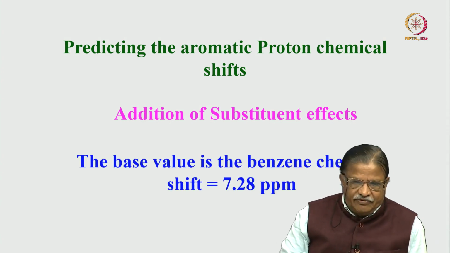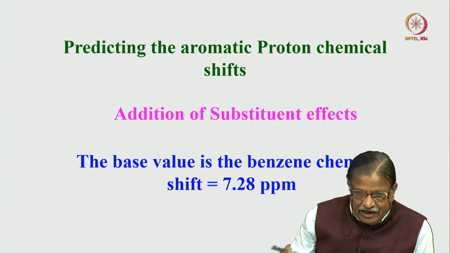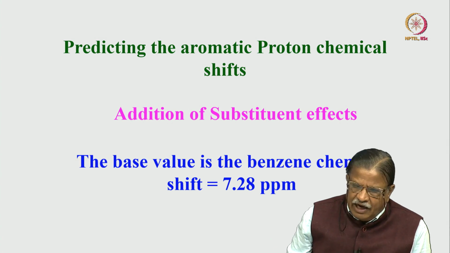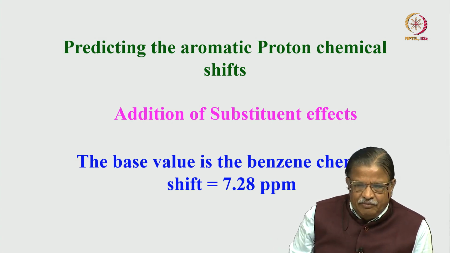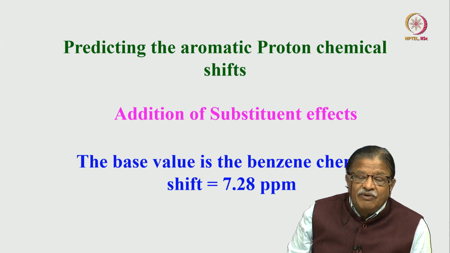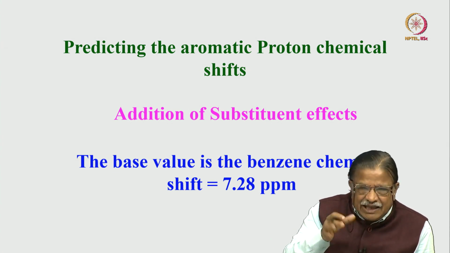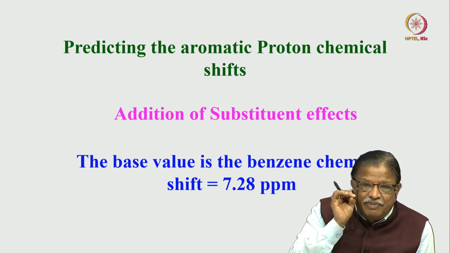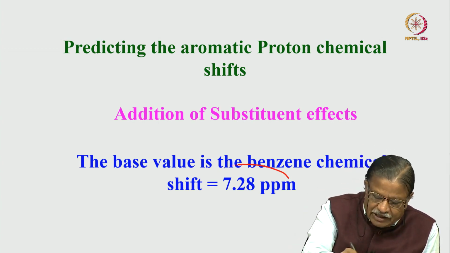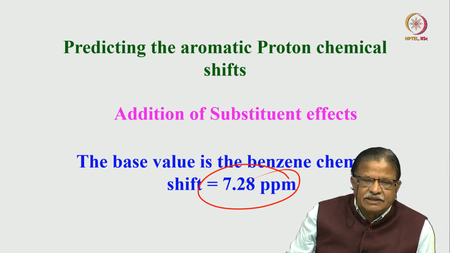That is called the substitution effect. This is for the phenyl group, and of course, we can also do it for aliphatic group protons. I am giving an example for a phenyl group. If you want to calculate or predict the chemical shift values of protons of the phenyl group, the starting base value is the proton chemical shift, which is to be taken as 7.28 ppm.